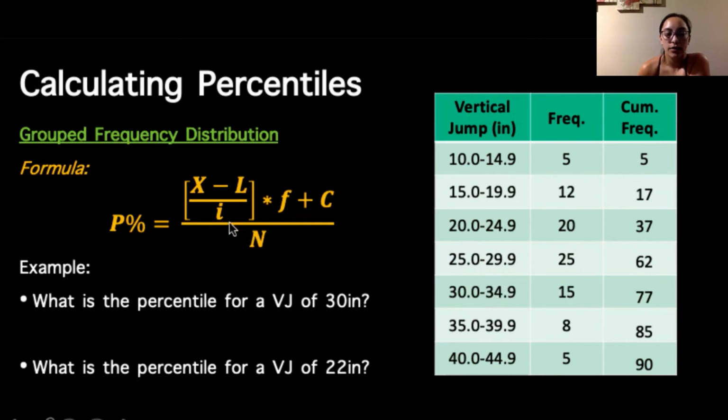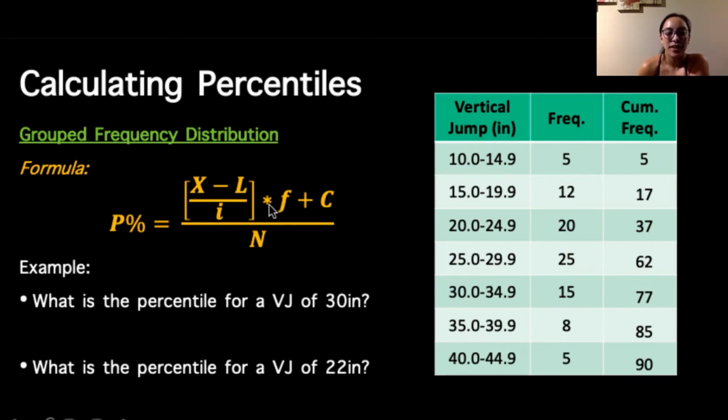I, our interval, we already discussed was 5, taking the difference between two adjacent lower limits or two adjacent upper limits. So in this case, I could say 35 minus 30 is 5. My interval size is 5. So far we have 5 minus 5, which is 0. Divided by 5 is still 0.